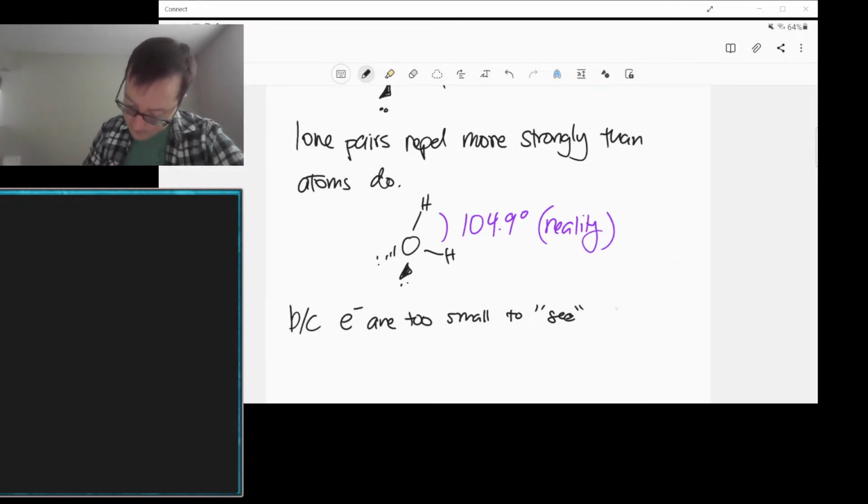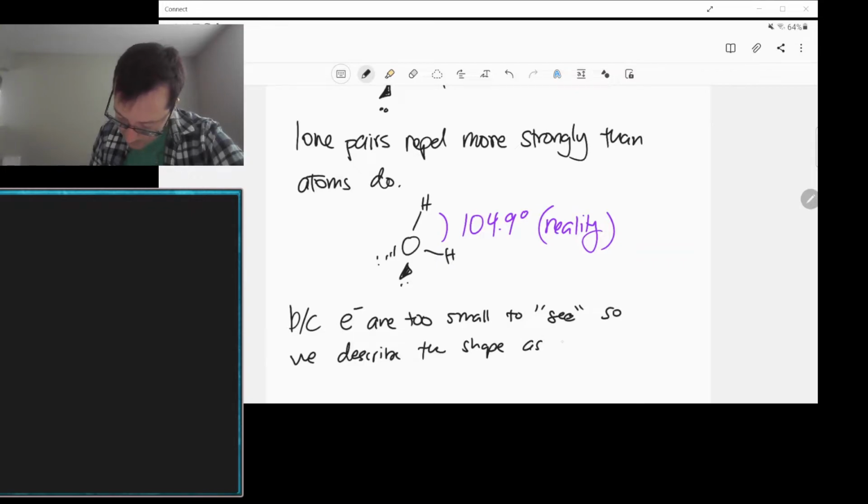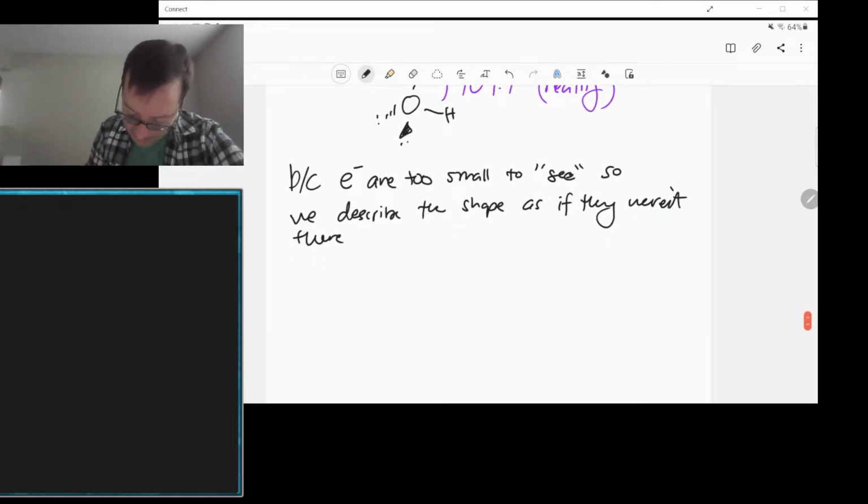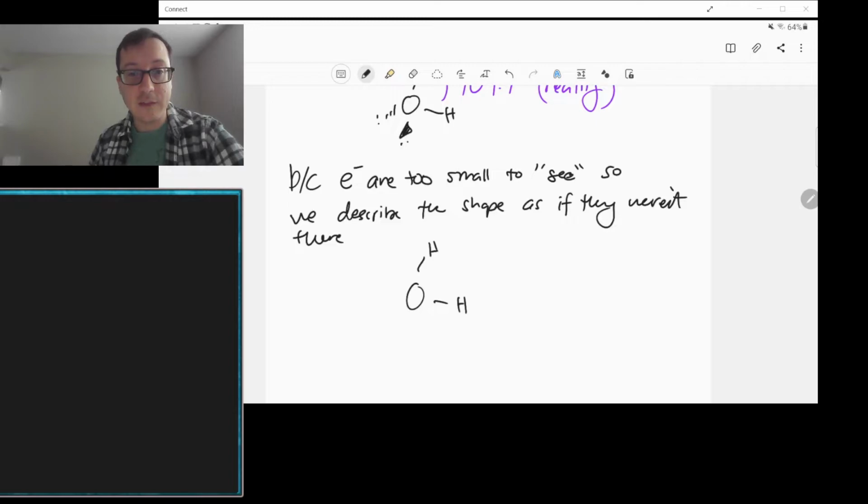And so we describe the shape as if they weren't there. And so if we just kind of hide them, this is what we're ending up with. This is kind of the leftovers.